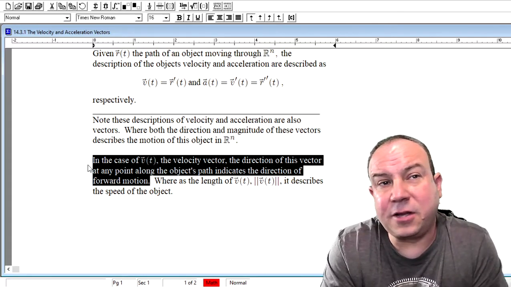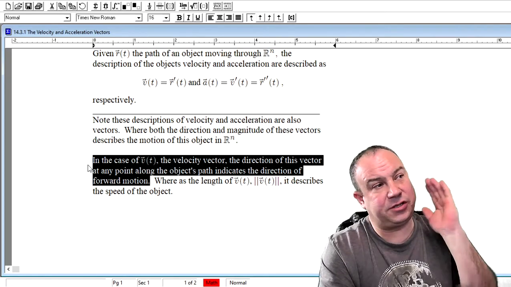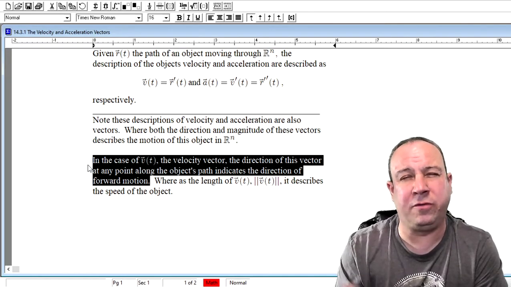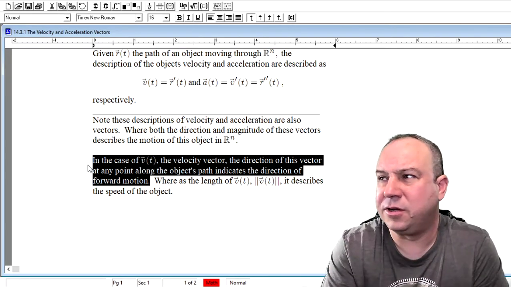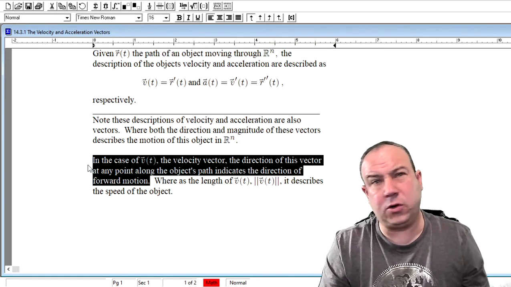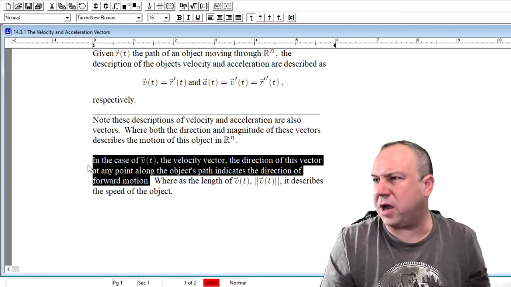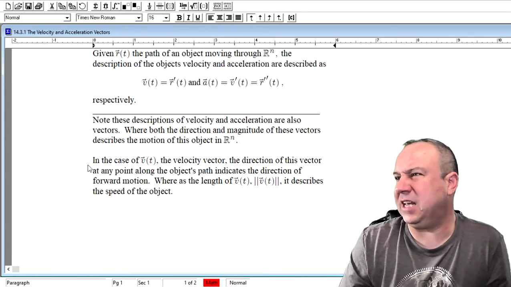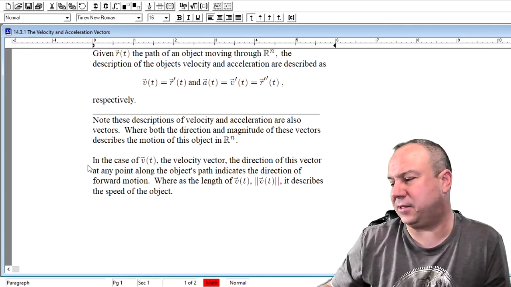So in terms of the velocity vector, the direction is the direction of forward motion. Its length is the speed at which we're moving in that forward direction. All right? That feels rather intuitive. That feels pretty straightforward in terms of velocity and its interpretation in the n-dimensional space.